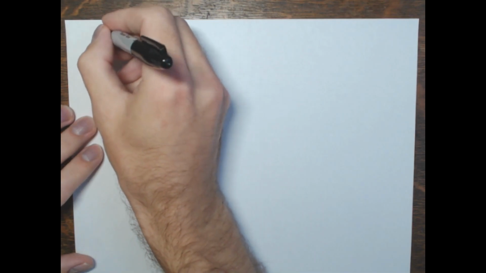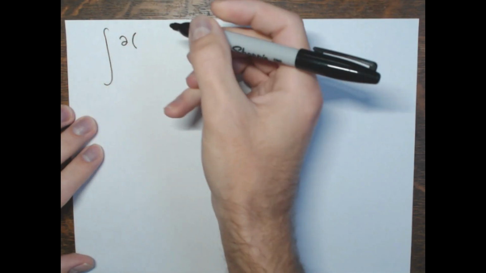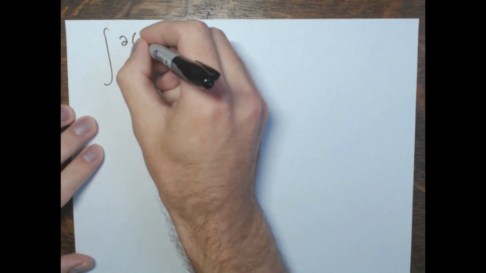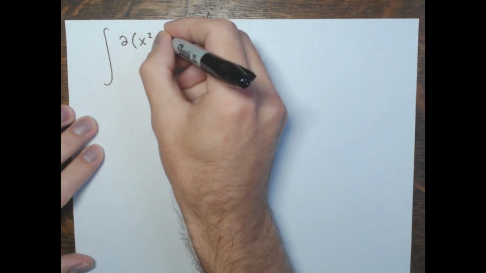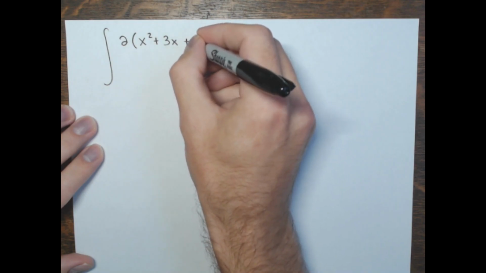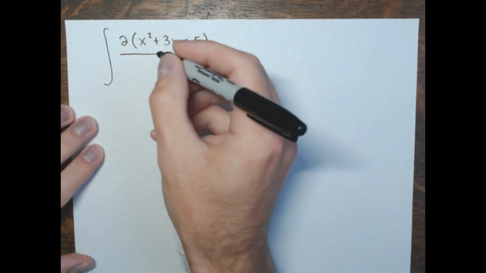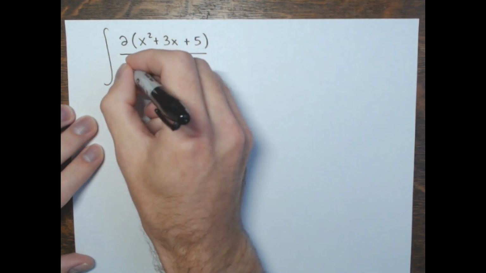So we got this integral of, the numerator is 2 times the quantity x squared plus 3x plus 5. And then the denominator polynomial is x squared plus 2x plus 4.